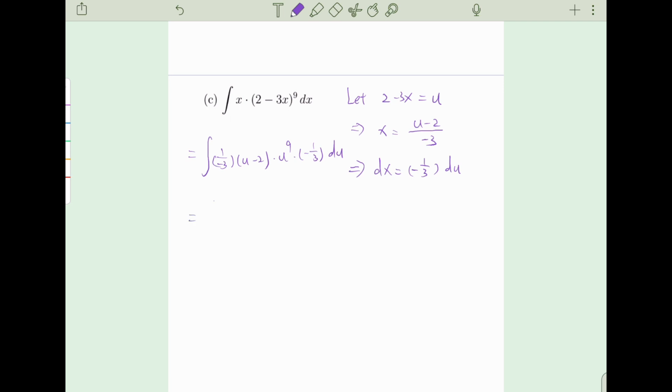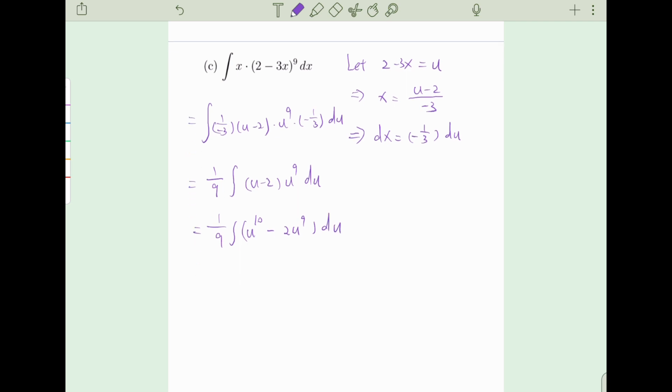So this becomes 1 over 9, here, u minus 2 times u to the 9 du. Okay, so that is the expression sorted out. And we're going to multiply through the bracket. So it becomes two terms. This is u to the 10 minus 2 u to the 9 du.